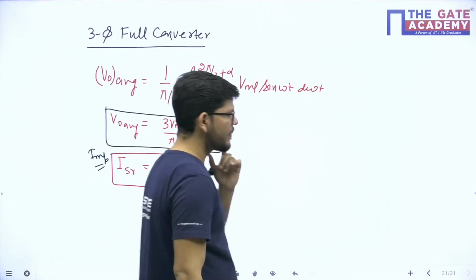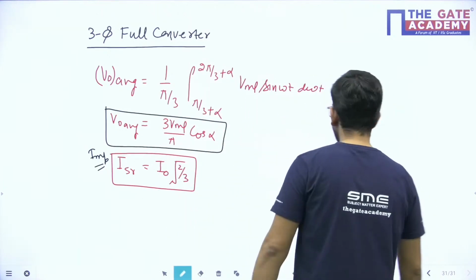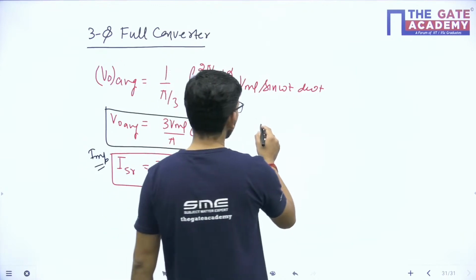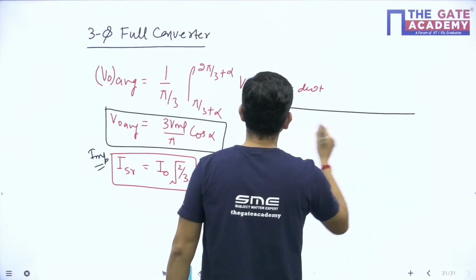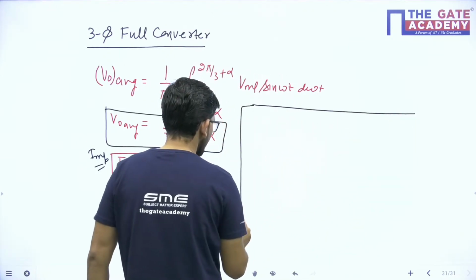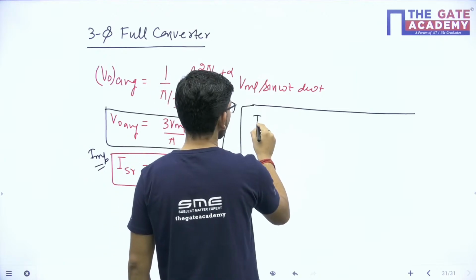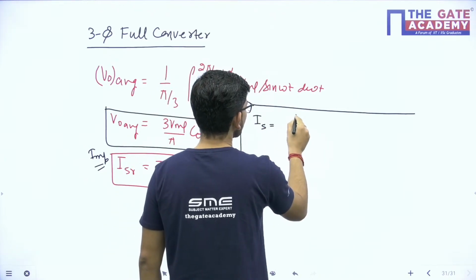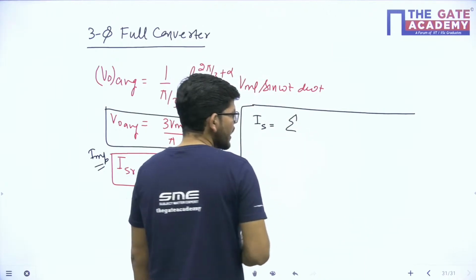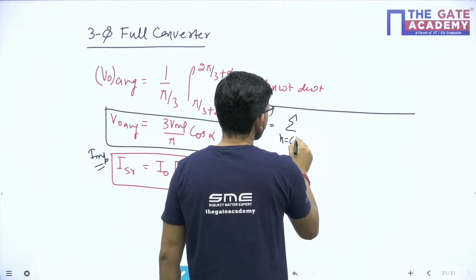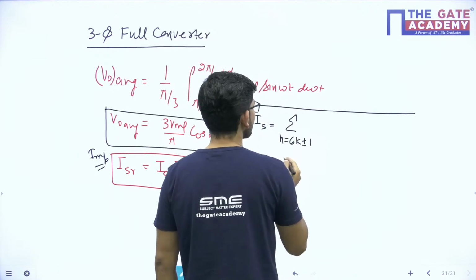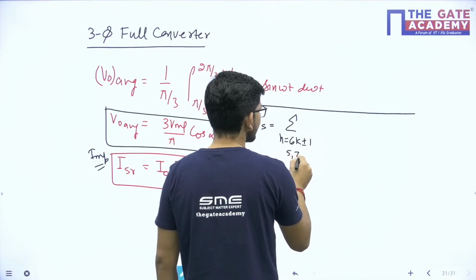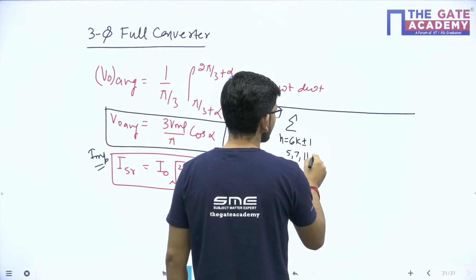Is that clear? After that, one thing that you have to remember is the Fourier series expansion in case of three phase converter. The Fourier series expansion in case of three phase converter equals a summation with n equals 6k plus minus 1. So if you put values of k, you will get 5, 7, 11, 13.